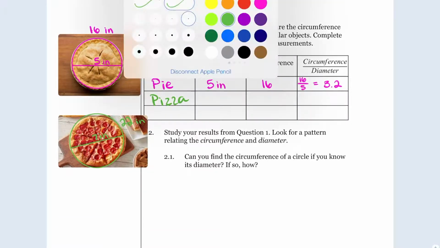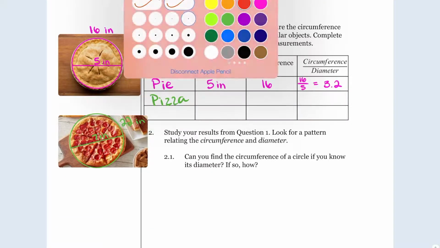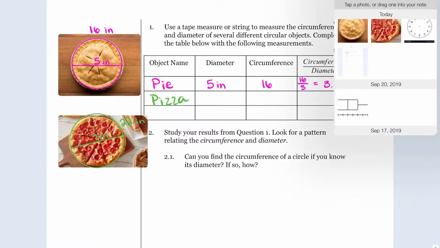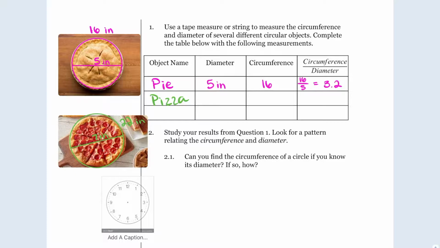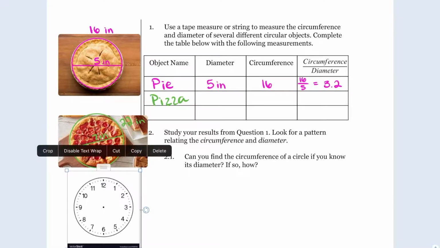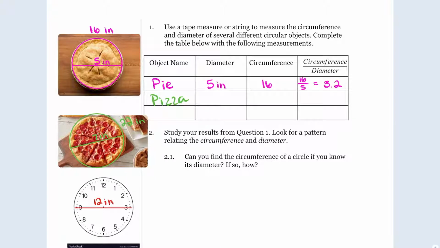And then I have one more shape for you guys. This is going to be our classic clock face, so right here. Okay, so this is the face of a clock in whatever classroom, and you notice that the diameter of this clock is 12 inches.